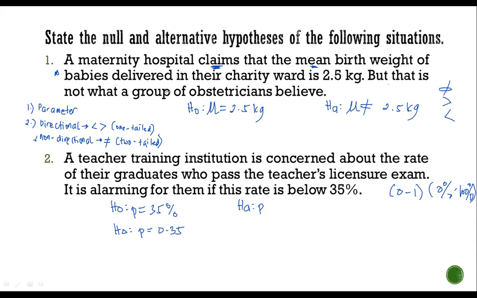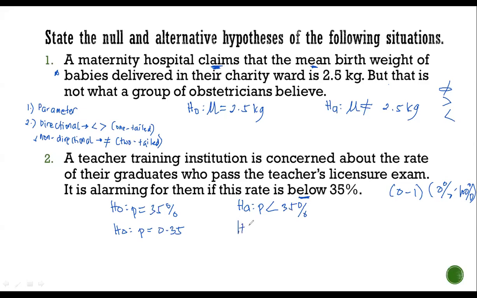Thank you for those who answered. Obviously, the term is below. This rate is below. Yung meaning ng below, baba. Mas bababa sa 35%. So, less than 35%.